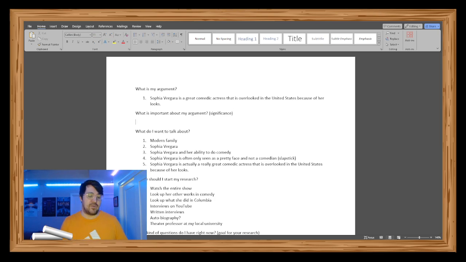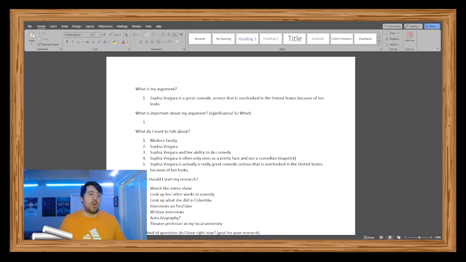This is the one that people get all messed up with, right? Why is your argument important? This is where so many students overlook this. When you are constructing an argument, you've got to ask yourself the question, significance, so what?